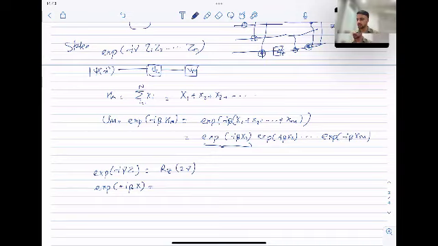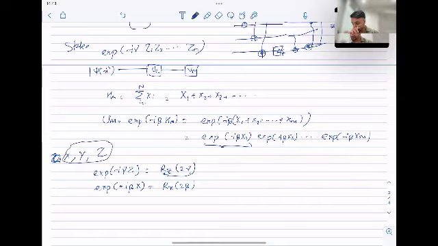This is my rotation gate. You can prove this out, but I'll skip it. Yes, so it's just going to be rotation X gate by angle 2 beta. And the same thing applies for any Pauli operator. Remember, Pauli operators are, I'll ignore identity, X, Y, Z. Another rotation, yeah. Very good.